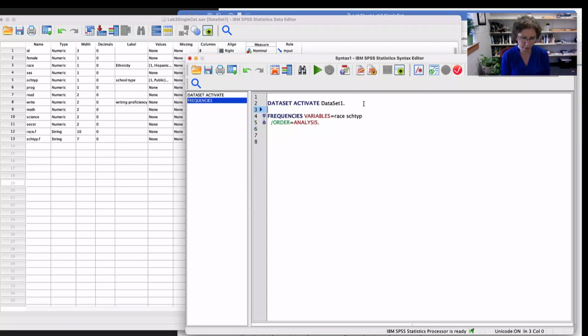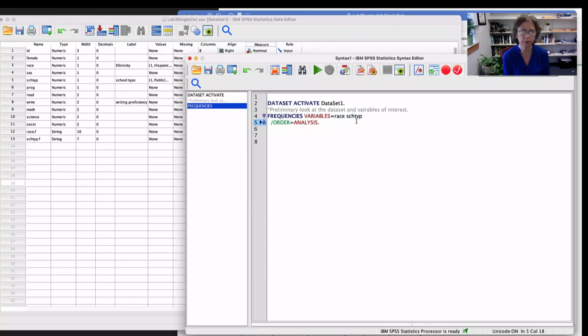This is where you can leave yourself notes. Always end your comment with a period. It starts with an asterisk and ends with a period so that it will start reading the coding again after that. So I can run that.